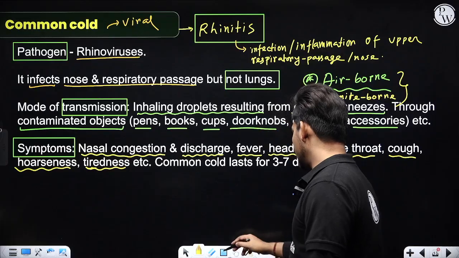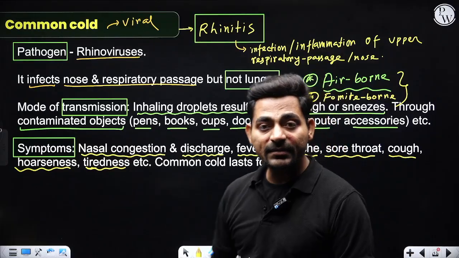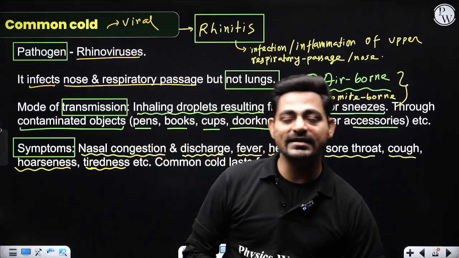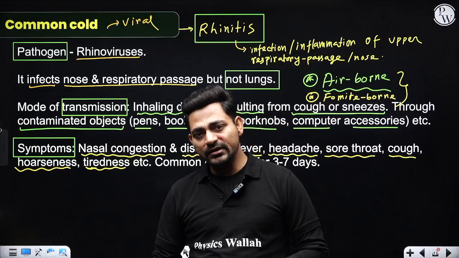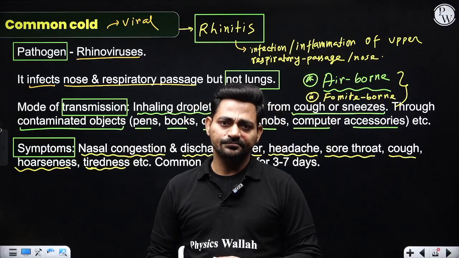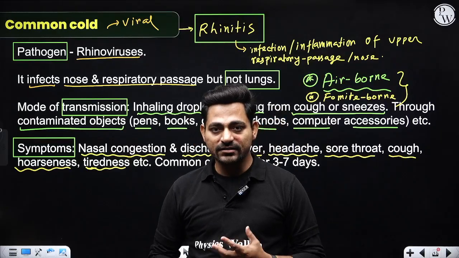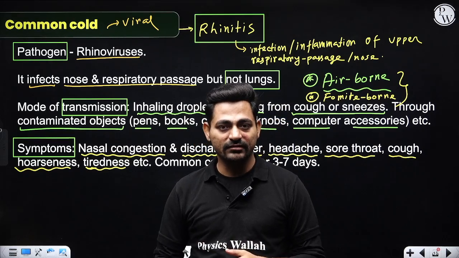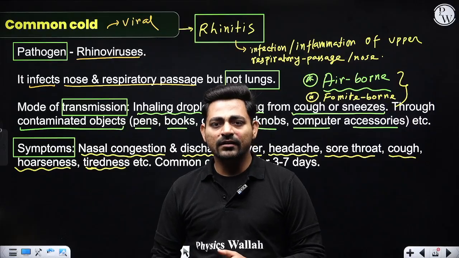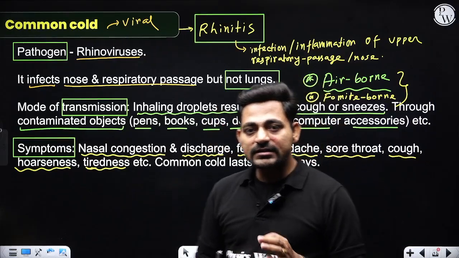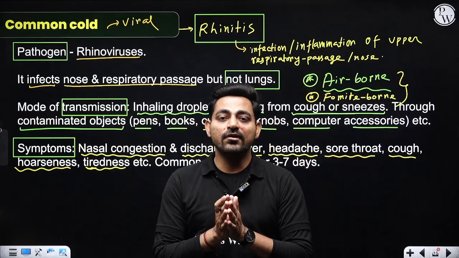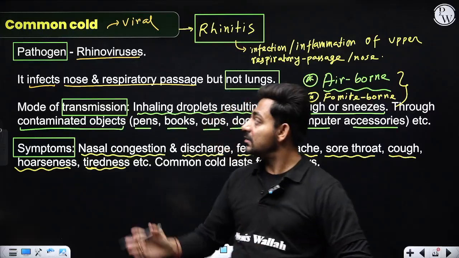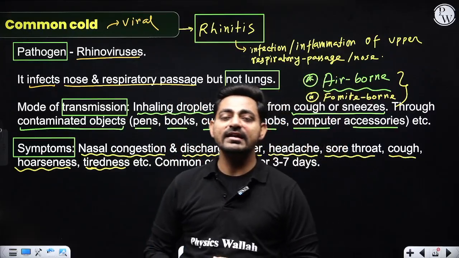So now what is the remedy for this particular viral disease? If you visit a doctor, the doctor will prescribe you some antibiotics called azithromycin or something, that group of drugs, right? But remember this, antibiotics are for bacterial disease, but this common cold is a viral infection.